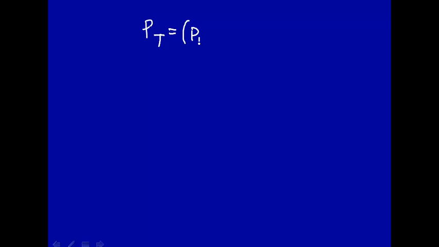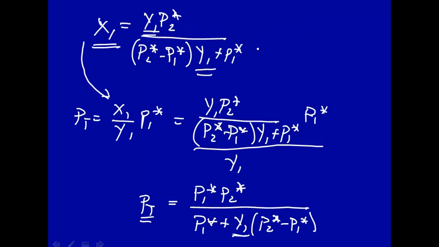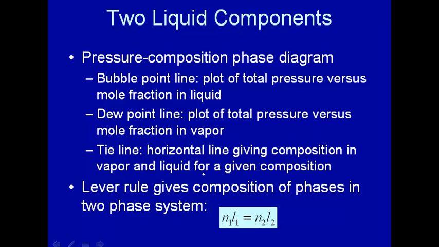This is (P1 star minus P2 star) x1 plus P2 star. There is the total pressure versus mole fraction in the liquid phase. That's linear. But what's interesting is that the total pressure is not a linear function of the mole fraction in the vapor phase. All right, so that gives rise to the bubble point line, the dew point line, and we'll talk about the tie line in just a second.